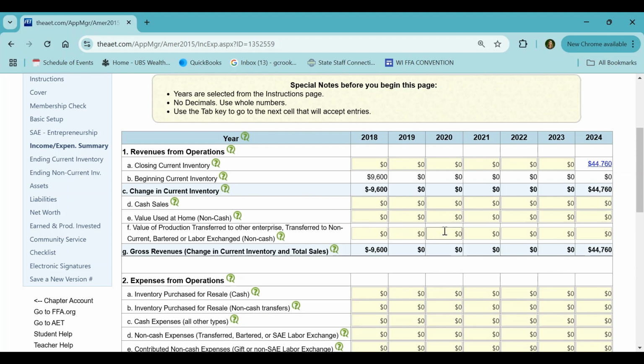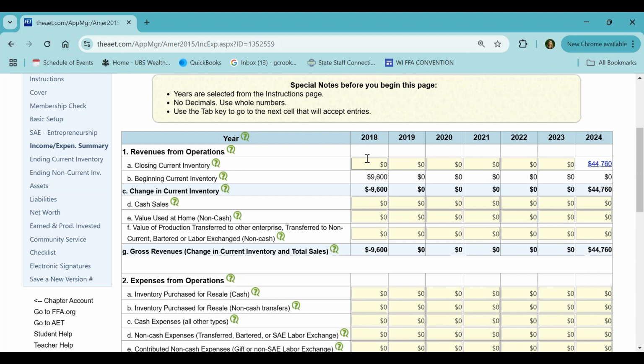So in this example, it's best if you start with your first year. And this is where good record keeping is really important, because you need to remember what you had left on December 31st of 2018 that was considered current inventory.